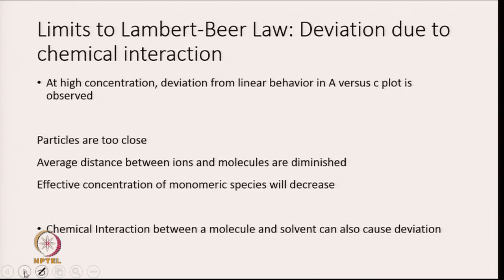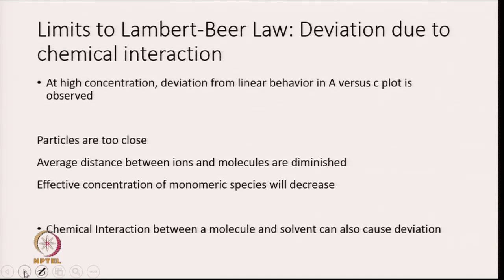What can be the reason? The reason can be that particles are too close and they basically affect each other's charges. The average distance between ions and molecules is diminished, and so there is more chance of interaction between themselves, and that may lead to association.